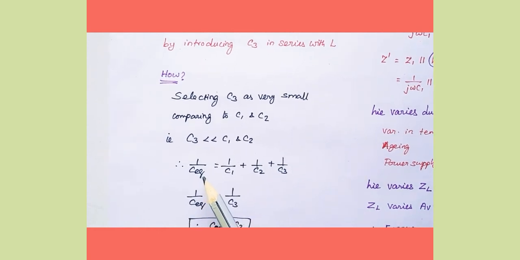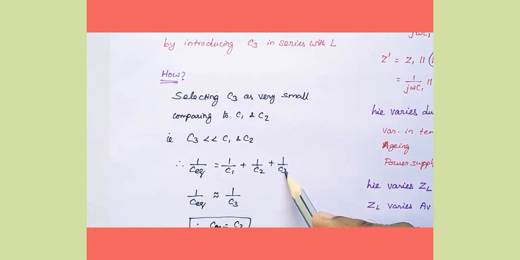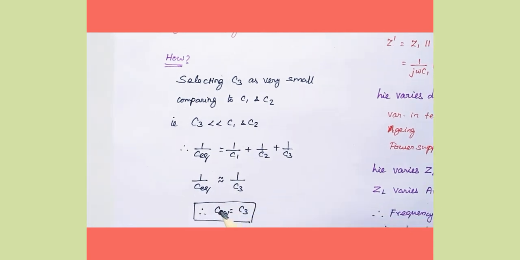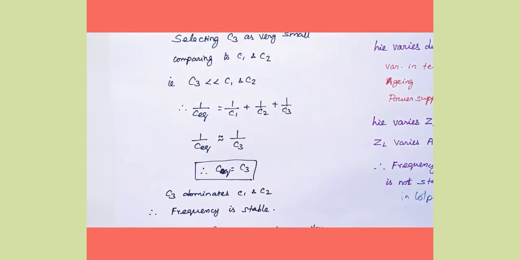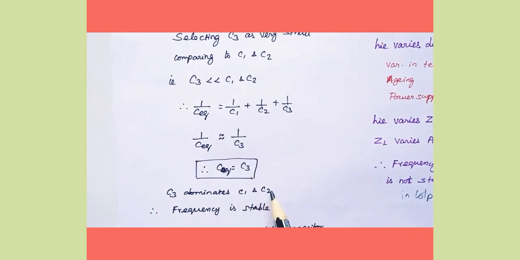Hence in this expression, if I make this a small value and C1 and C2 as large values, this will have some minimum value that can be neglected compared to this. Finally the C equivalent becomes equal to the third capacitance value C3. Now from this I can say C3 dominates C1 and C2, hence the frequency is stable.